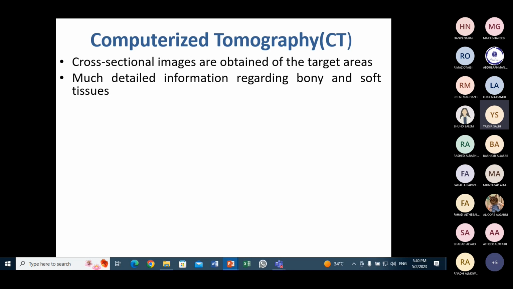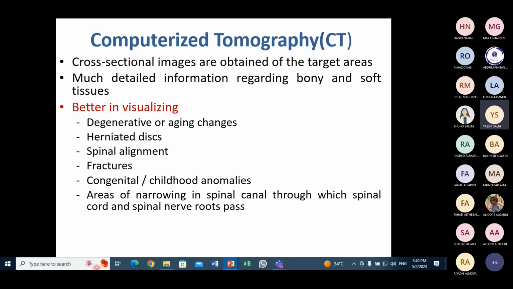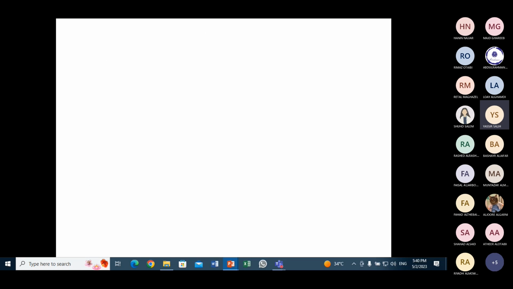Herniated disc can be demonstrated by CT better than plain X-ray.